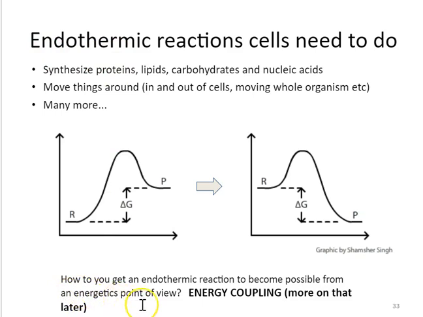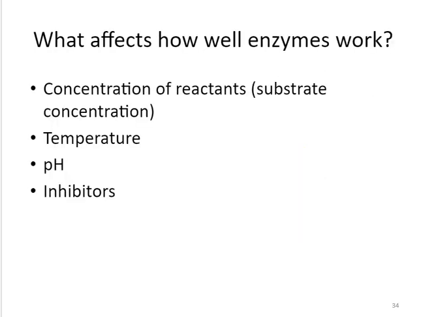So the way that you get endothermic reactions to occur is called energy coupling. And I will talk more about that in a future video. But basically, in those reactions, you take an endothermic reaction and you find a way to make it exothermic. And generally this involves connecting it to ATP, which is called energy coupling.